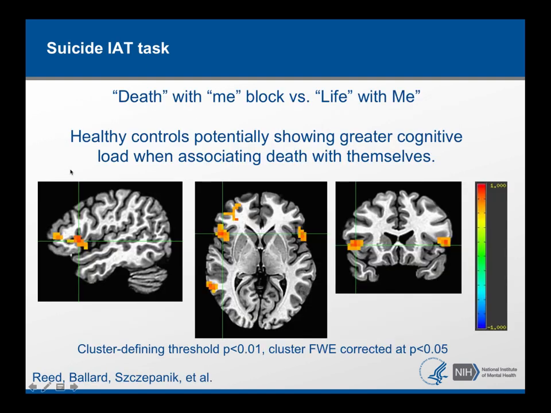We piloted this task in healthy control subjects, and in contrasting the death with me blocks versus the life with me blocks, our healthy subjects showed much greater activation in salience network regions as well as some central executive network regions, which indicates to us that they're having extra cognitive processing load required to categorize these incongruent conditions versus the more natural life with me association.